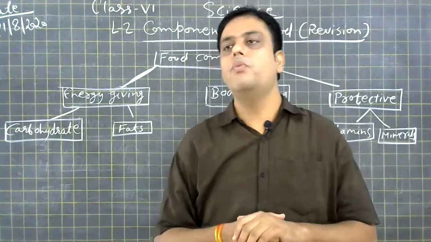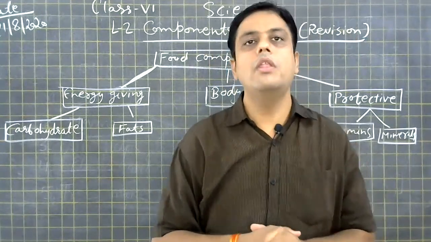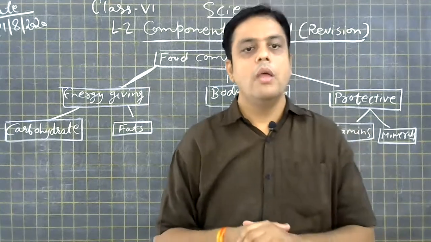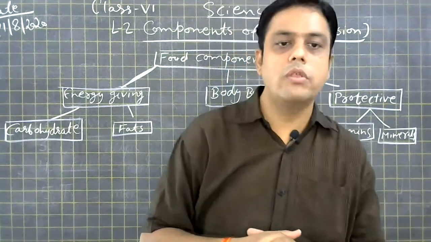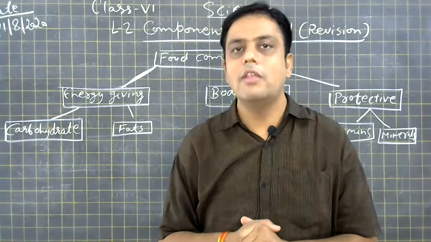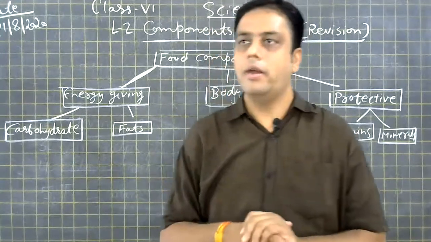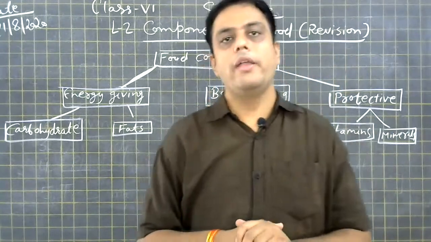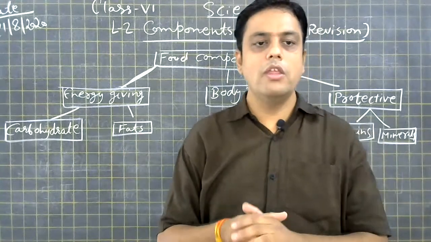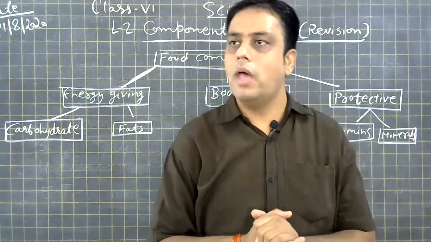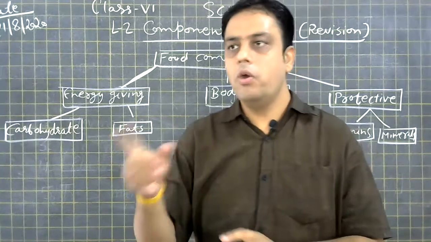So mostly fast foods are rich with carbohydrate. Okay, pizza, burger, jams, jellies, noodles, all these are rich with carbohydrate. These are also examples of carbohydrate food. So most of the fast foods are rich with carbohydrate, not fats.